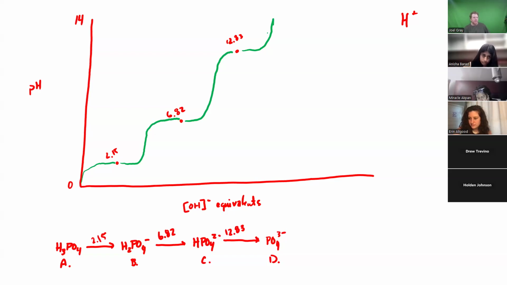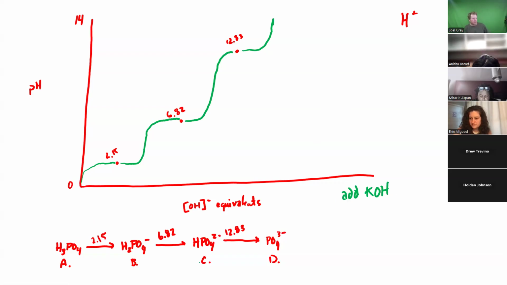Now, the way that I always like to think about this is I make a solution with a pH of 0. And then what am I going to do? I'm going to add, let's go with KOH, potassium hydroxide, a strong base. I'm adding more and more base.